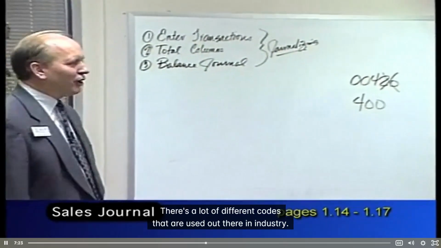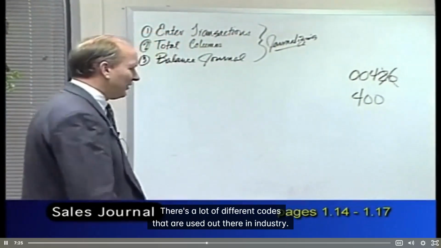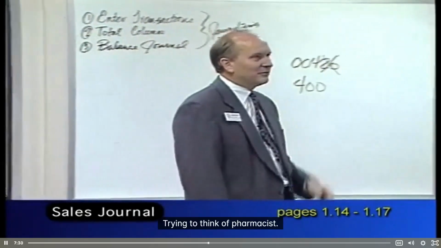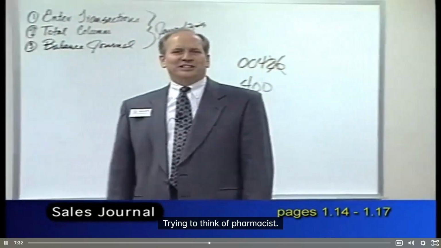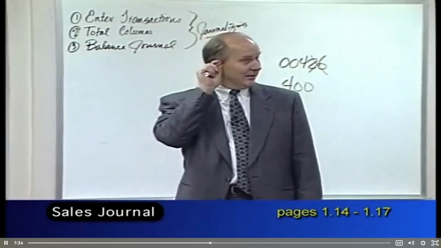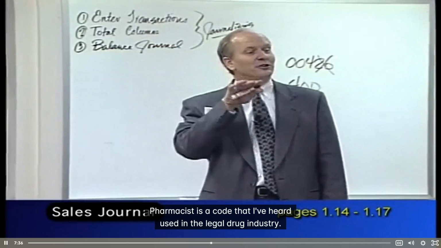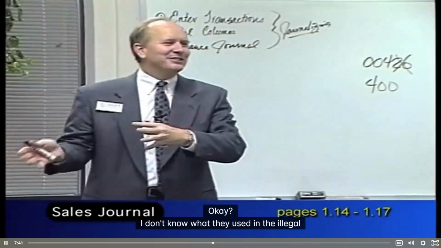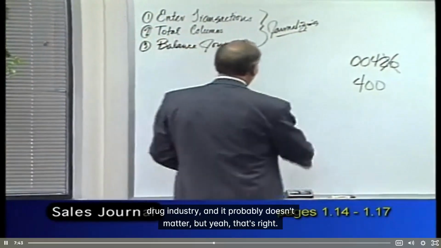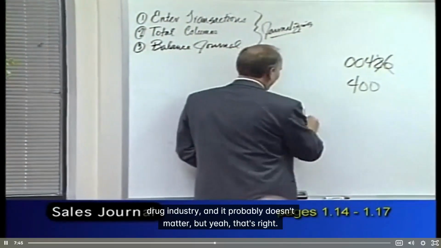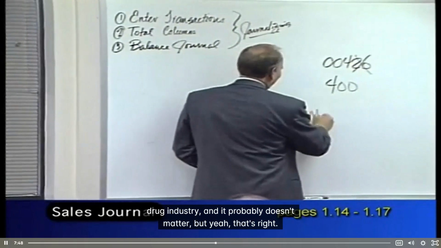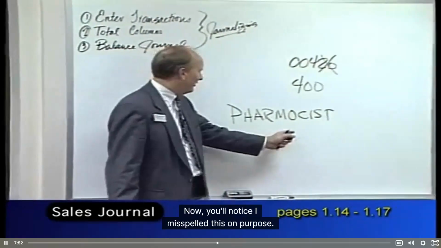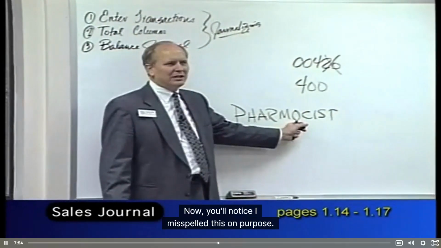There's a lot of different codes that are used out there in industry. I'm trying to think of pharmacist. Pharmacist is a code that I've heard used in the legal drug industry. I don't know what they use in the illegal drug industry, and it probably doesn't matter. Now you'll notice I misspelled this on purpose.